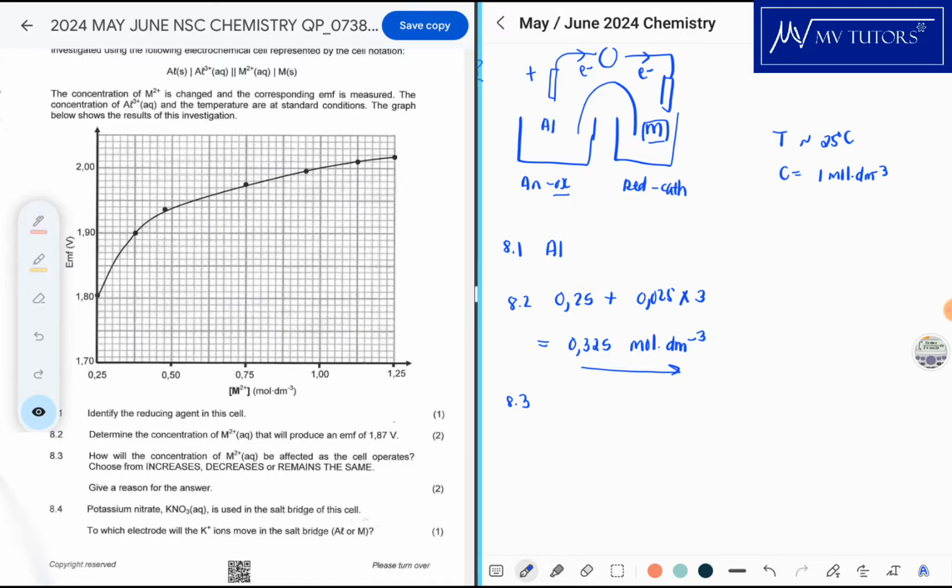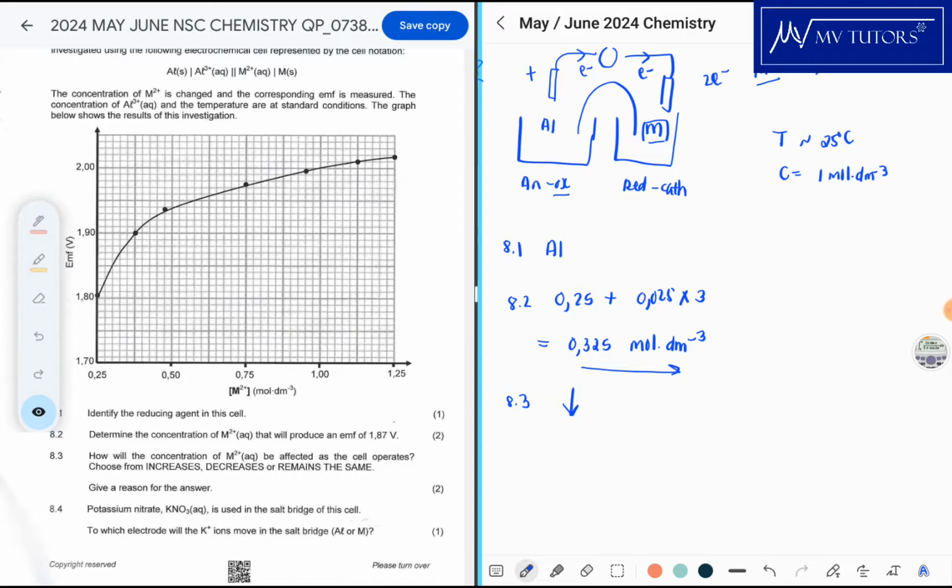Now it says, how will the concentration of M2+ ions be affected as the cell operates? Choose from increasing, decreasing, or remain the same. Because the electrons are coming, each 2 electrons want that M2+ so that we can form M. So these ions will keep decreasing.